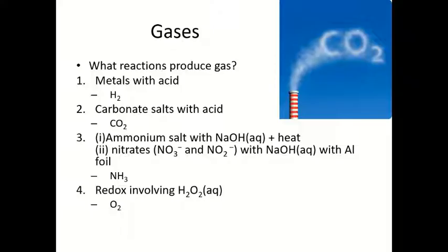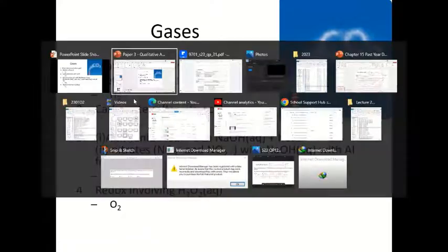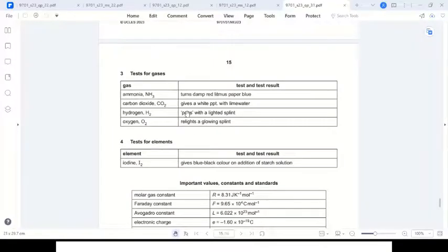If you see effervescence, the fizzing, bubbles, a gas is produced, then you immediately know that gas is hydrogen gas, and you are supposed to test with a lighted splint, and you should hear the pop sound. If there's no pop sound, there's no hydrogen.